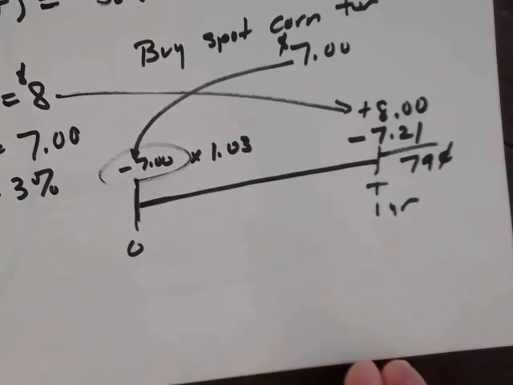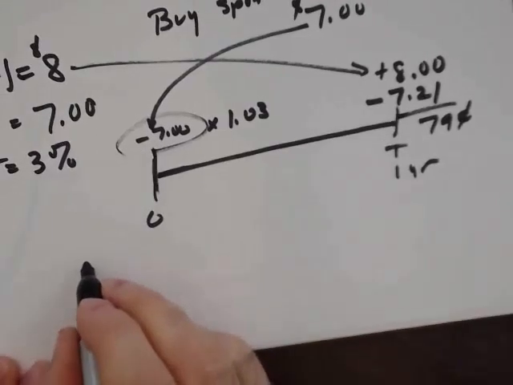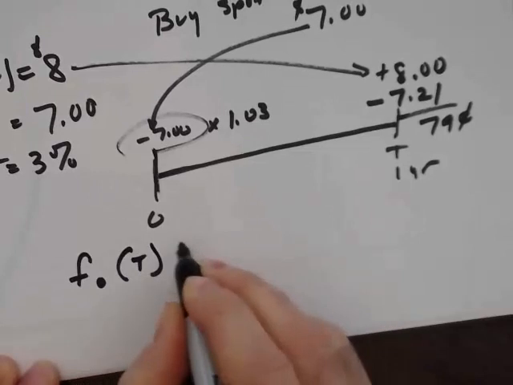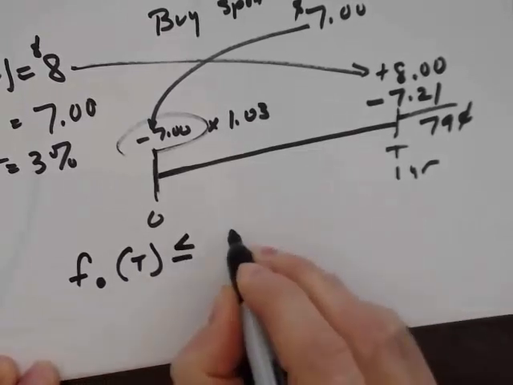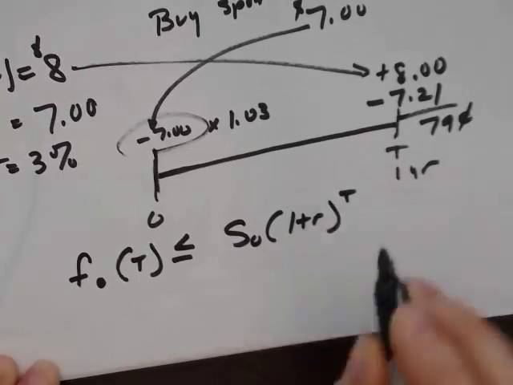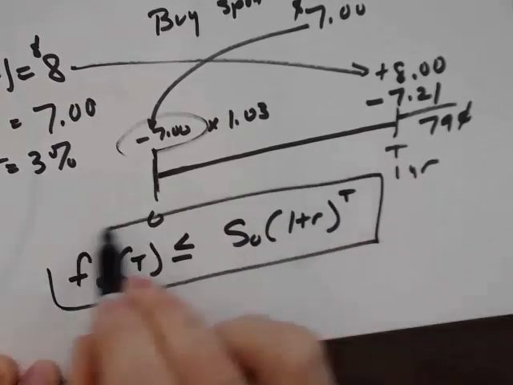Now, if we assume that futures traders will exploit any cash and carry opportunities, then we establish an upper bound on futures prices. That is the upper bound right here.